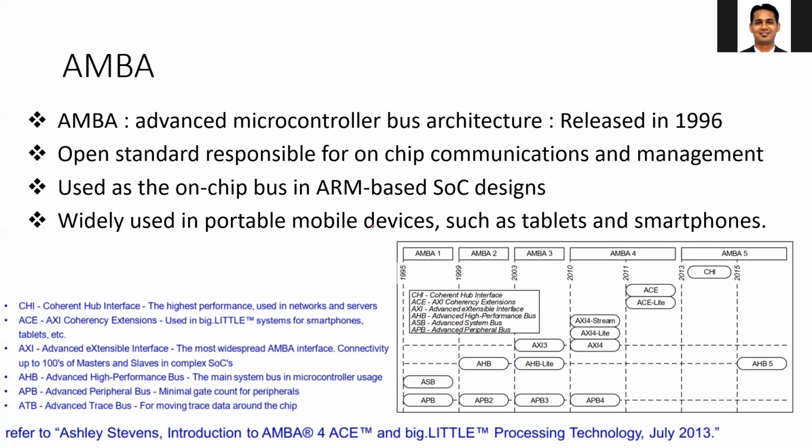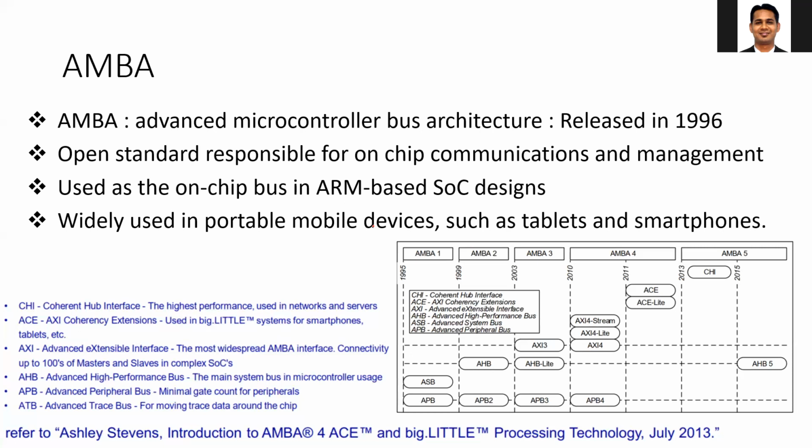Similarly, as processors became more complex, with multiple cores, multiple caches, and multiple processors inside the SoC, the coherency of the data also became an important factor. That's why they came up with the ACE, the AXI Coherency Extension, an extension of the AXI for coherency.